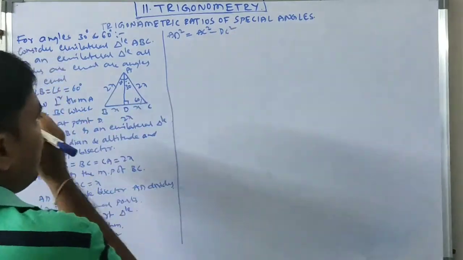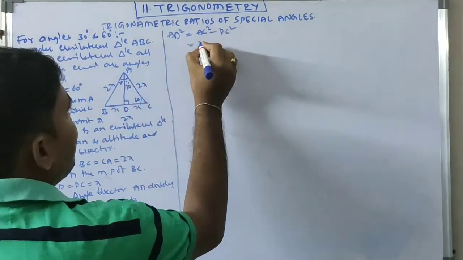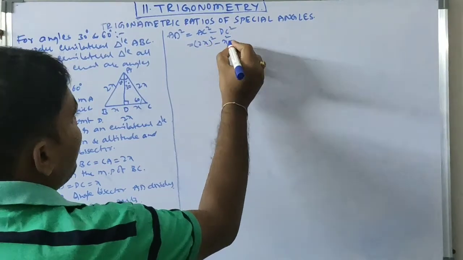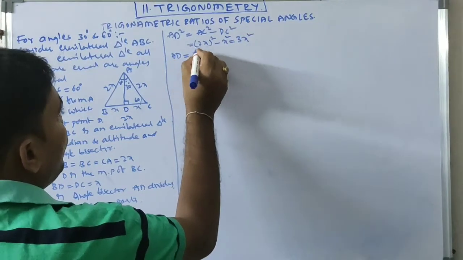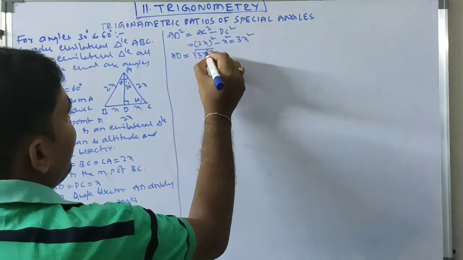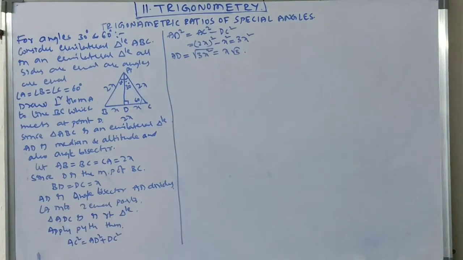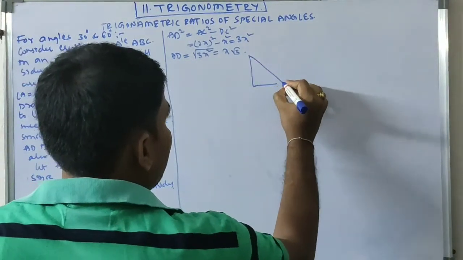AC equal to 2x, whole square, minus x square. This is 4x square minus x square, 3x square. AD equal to root of 3x square. Bringing x square outside, x root 3. So this is AD.